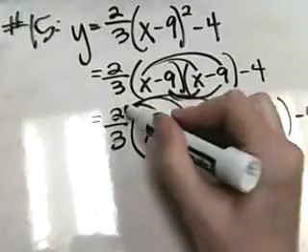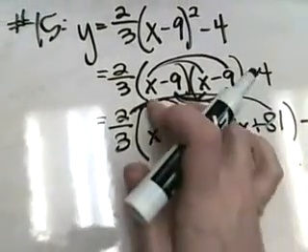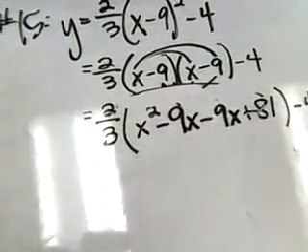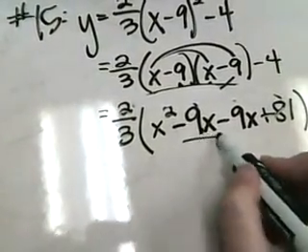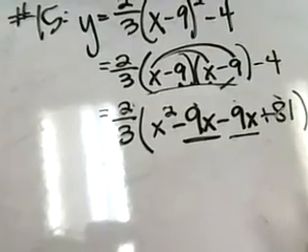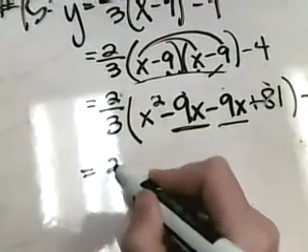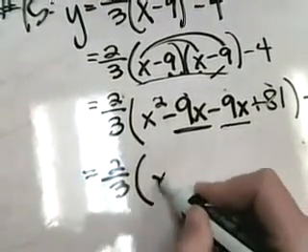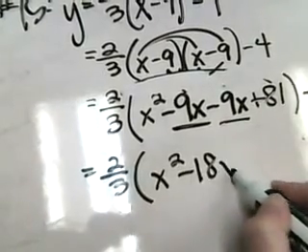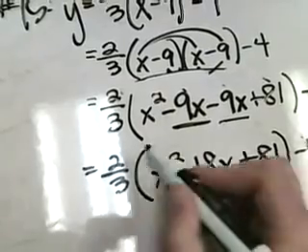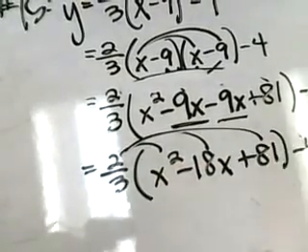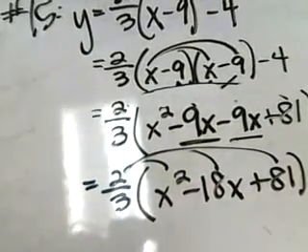Now I know this is going to be a little more difficult. Oh, shoot. Before I distribute, sorry, let's back that up. I can combine these first. So that would give me 2/3 times x squared minus 18x plus 81. Then I can distribute this 2/3. Now I'm ready. Okay.